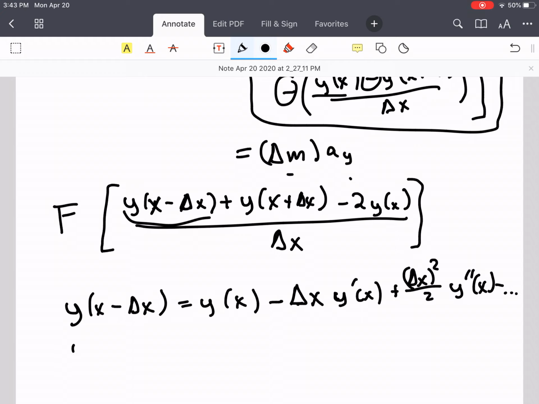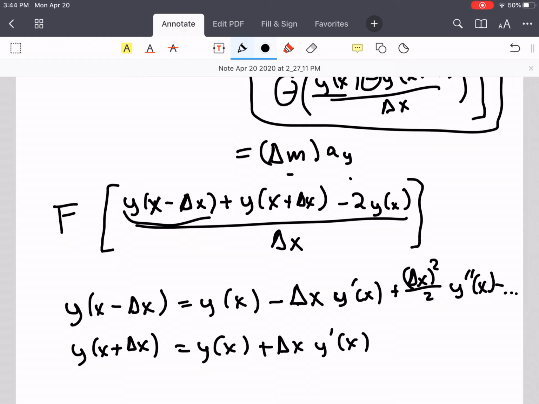And similarly with y of x plus delta x, I get y of x plus delta x times y prime plus delta x squared over 2 times y double prime, and so on.